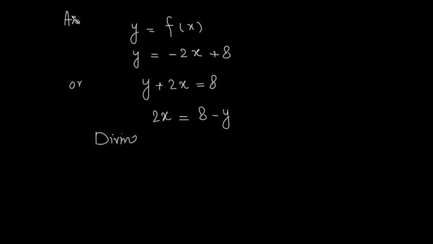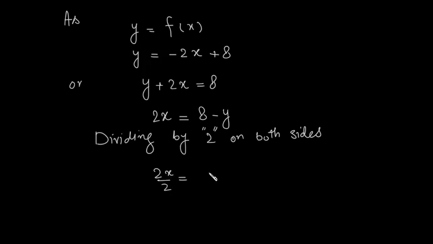Now dividing by 2 on both sides. So we have 2x by 2 equals to 8 minus y by 2.